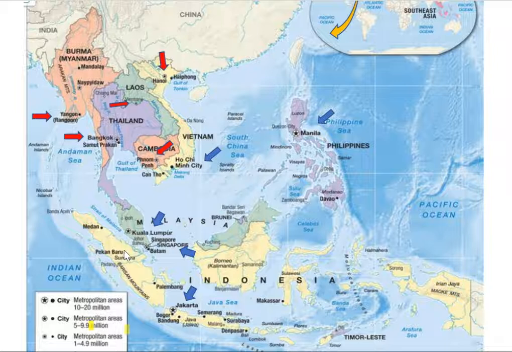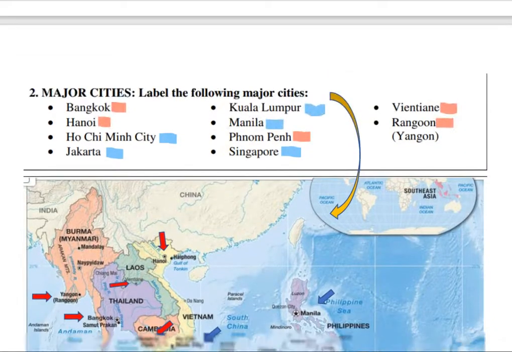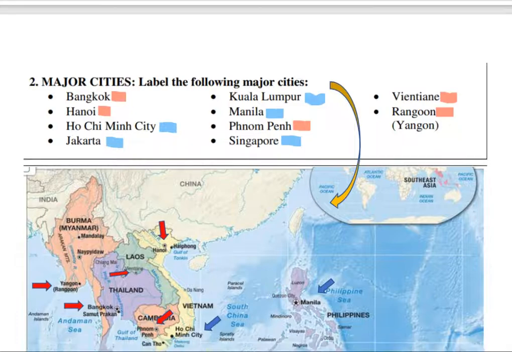I'm sorry, Indonesia. It's off the coast of Java. It's in the Java, off the Java Sea here. But you get the point. So the arrows will indicate to you where the cities are, and the color code will indicate to you whether it's a capital or major city. Remember, Bangkok is brown and major cities are blue.